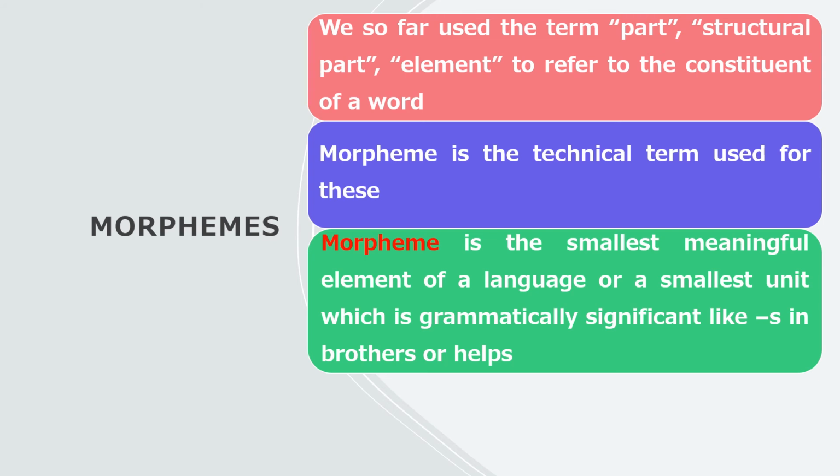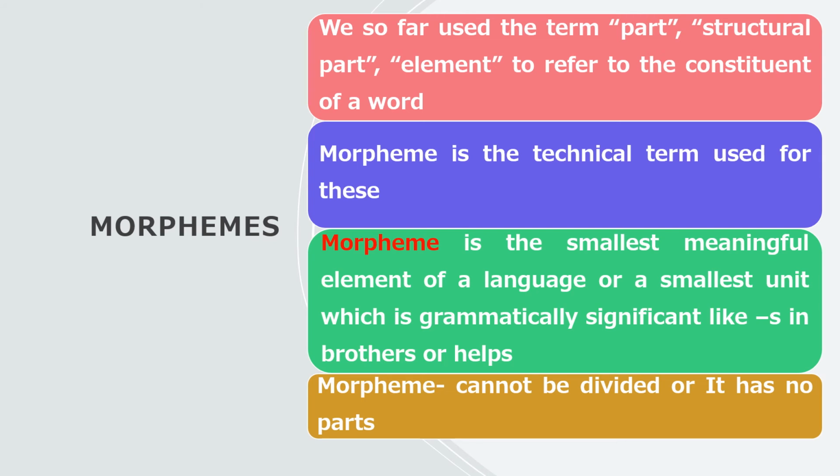That's why we defined morpheme in two definitions. So the part help in helps gives us a meaningful part, and the part -s has a grammatical function. According to these two definitions, we can divide morphemes into two: free morphemes and bound morphemes. In the next slide, we will discuss these two kinds of morphemes.